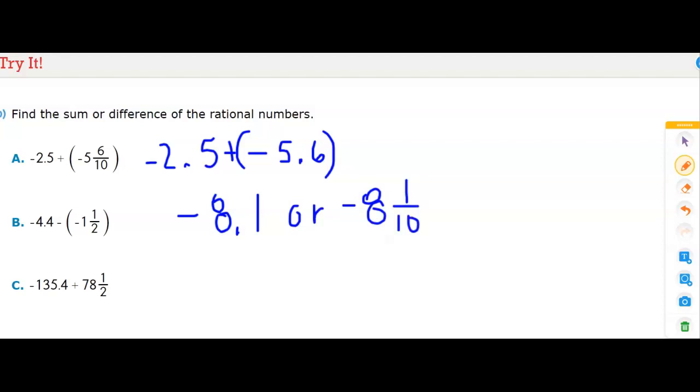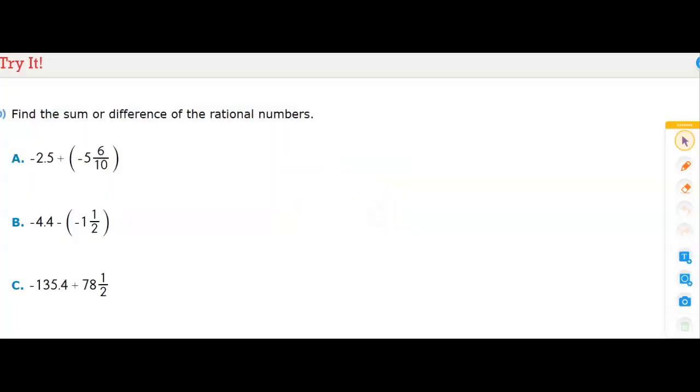Again, very simple. All right, now let's look at B. That is negative 4 4/10 minus negative 1 1/2. Now we have another mixed number, and we know half is like 50 cents of a dollar, so we have negative 1 5/10.